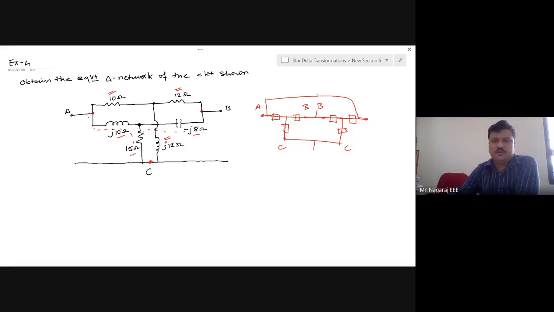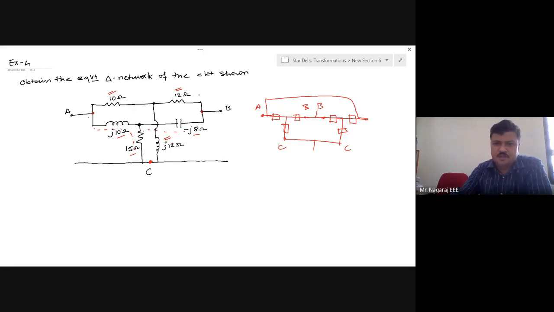Now I need to find out the delta equivalent of this. So what I will do, I will take delta equivalent of one star, I will take delta equivalent of other star network. Then there will be two delta networks connected in parallel, which is very easy for me to solve.